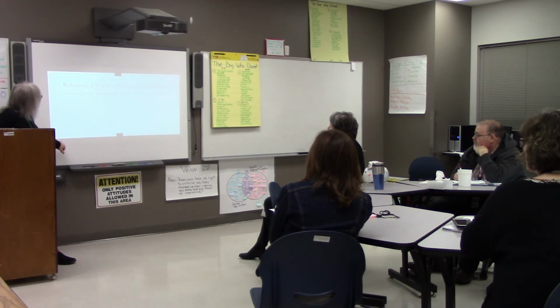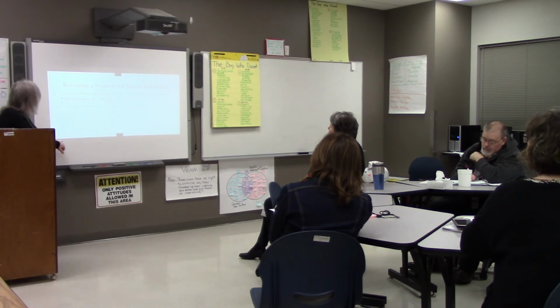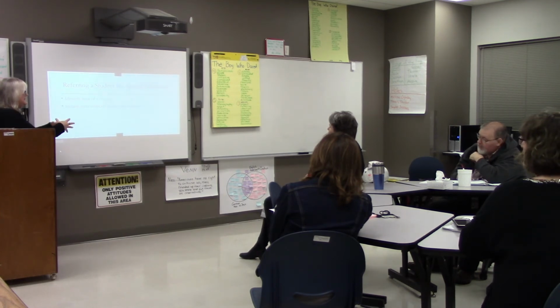And on the question of how to refer a student for special education, first of all, you need to identify the area of concern. Where is this child having the most trouble? Initiate interventions within the classroom, RTI. Try these interventions, go through those steps. This isn't working, let's try something a little bit more intense.